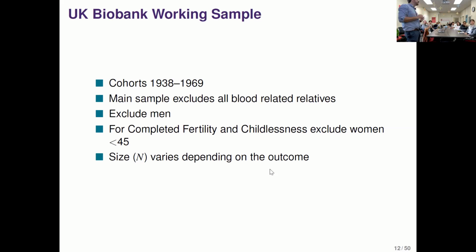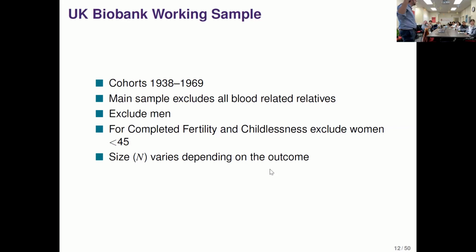We exclude from the analysis relatives that we identify by looking at genetics. For this paper, we focus only on women, also because age of first birth is recorded only for women, while number of children and age of first sex are also available for men. And for complete infertility and childlessness, we exclude women that at the time of the interview were younger than age 45.